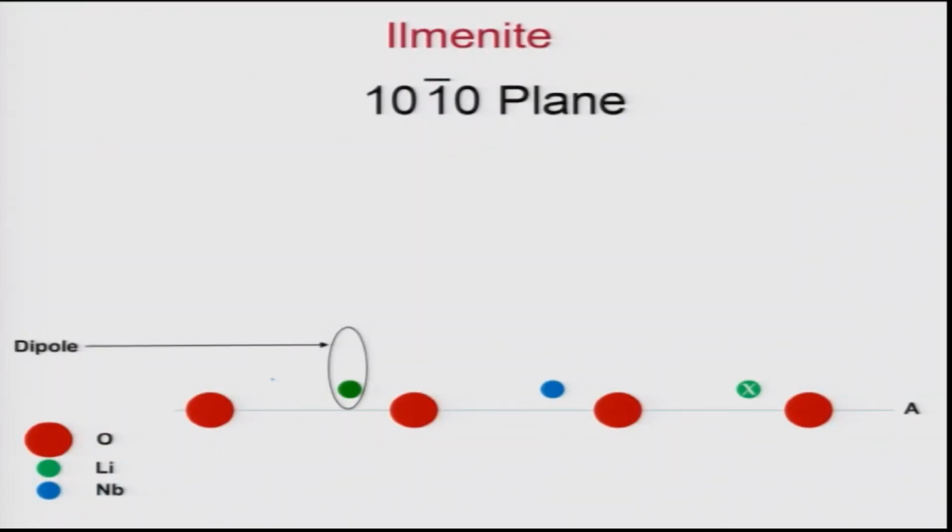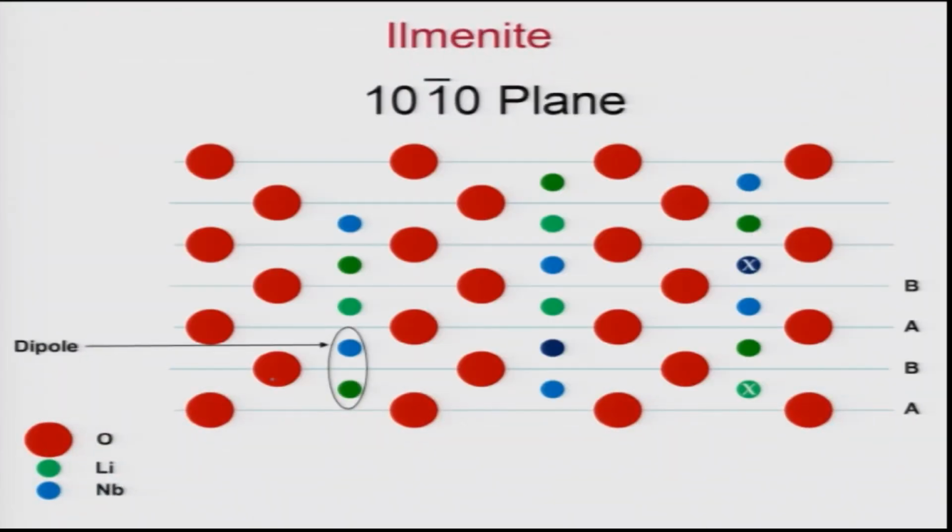So, this material again, you can see if I just fill in the blanks here, you have A layer, you have B layer and so on and so forth of oxygens. Now, within the same layer you have niobium, you have lithium, you have niobium, then an empty site.